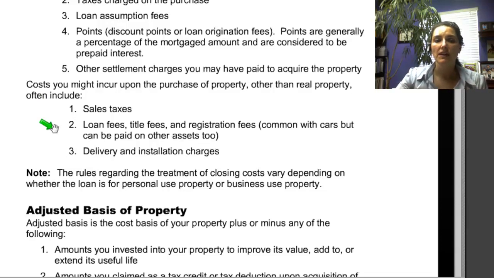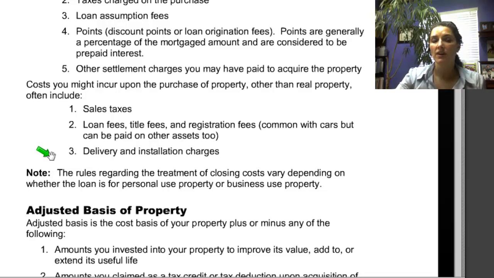These are common with cars, but they can be paid on other assets too, like, say, a motor home or a boat. And then there are delivery and installation charges. So let's just suppose you buy a refrigerator and you get it delivered and you get it installed. Well, the cost of the delivery and the installation of that asset adds to its cost.